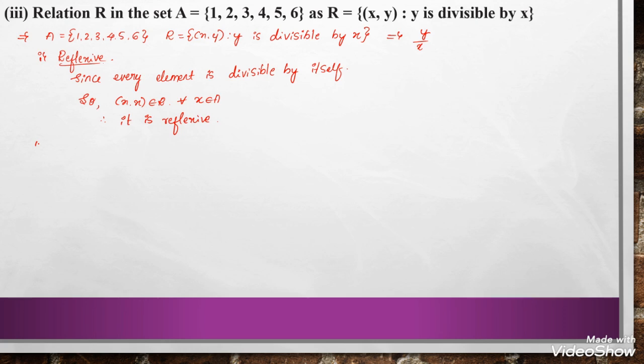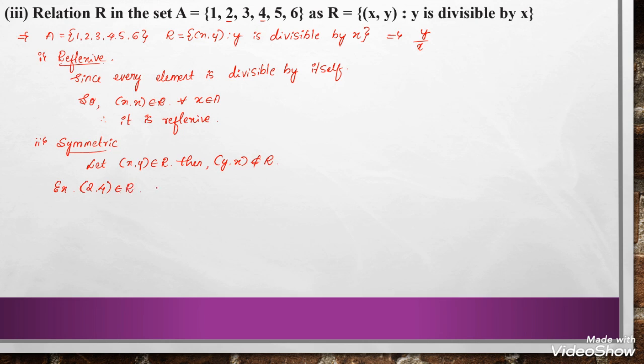Similarly, for the symmetric condition, let x comma y belong to R. Then y comma x does not belong to R. If I consider different elements, for example, 2 comma 4, any two elements 2 and 4.